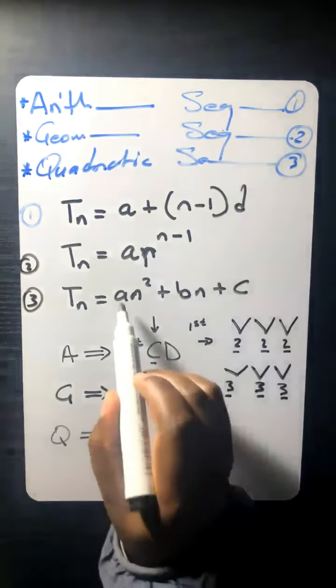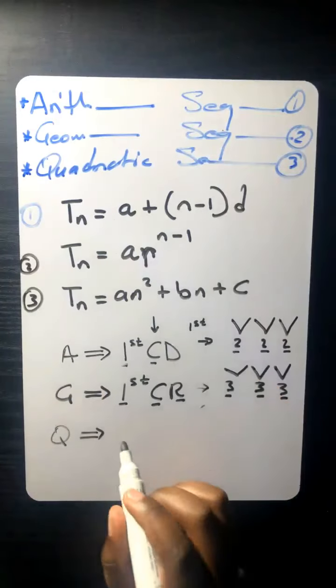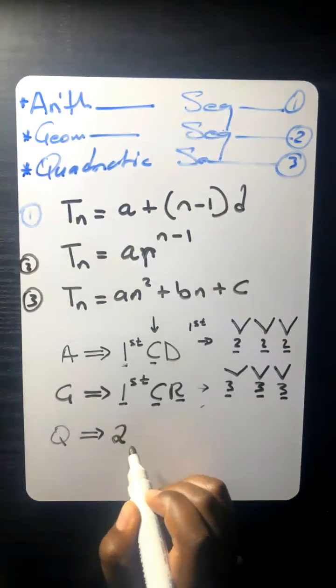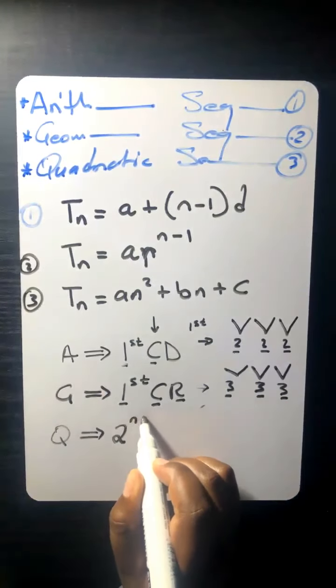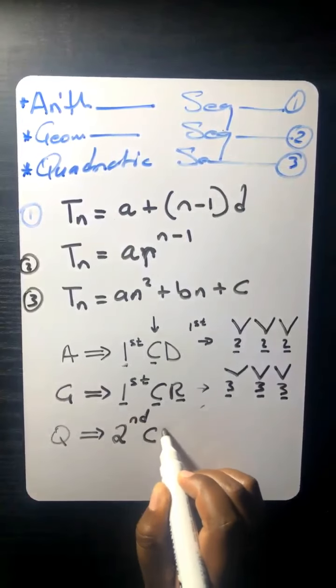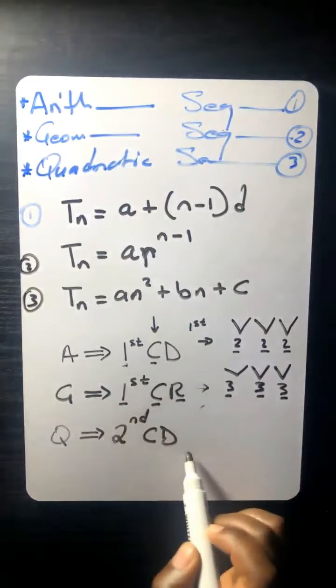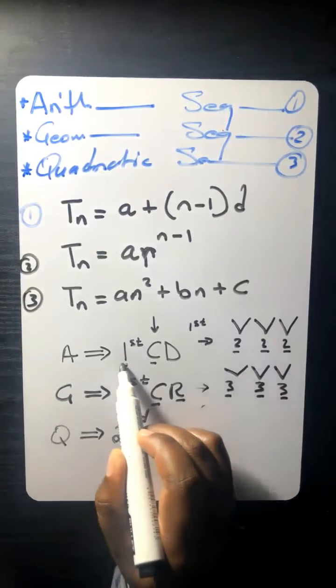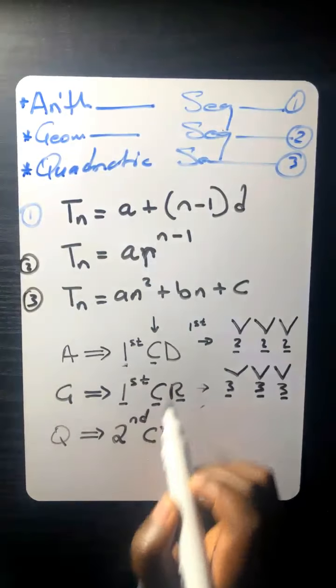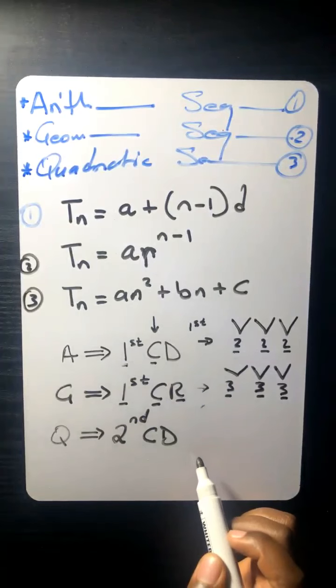You notice a quadratic sequence by having the second common difference. So can you see between that and that, the difference is that in this case you have the first common difference, here you have the second common difference.